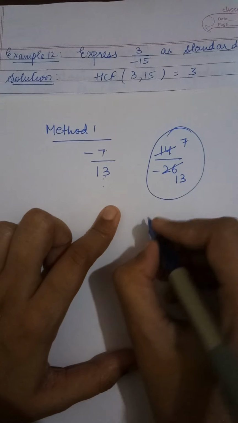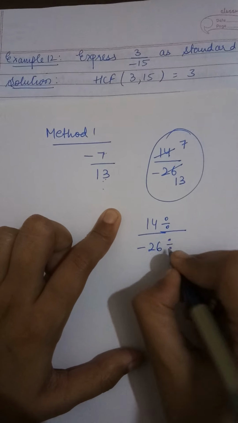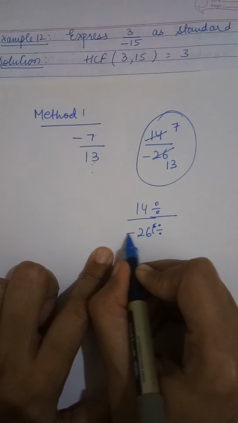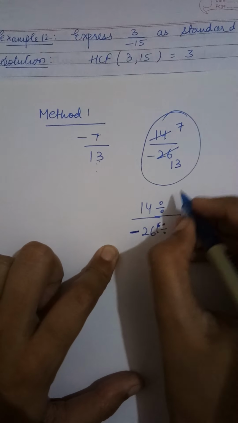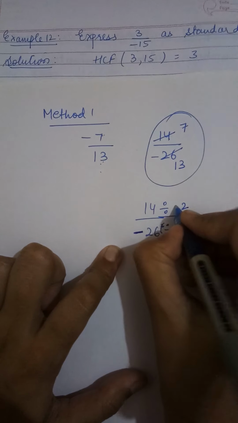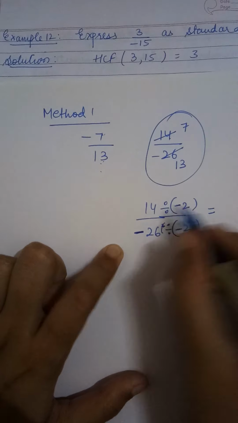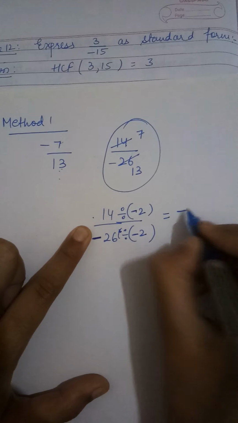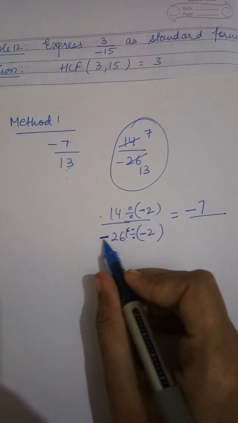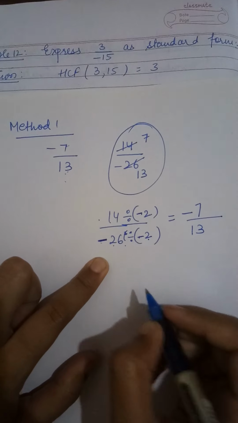Or what else I can do here is 14 upon minus 26, I can divide with their HCF. Now since I know that in the denominator minus sign is there, HCF is 2 and in the denominator minus sign is there, so what I am going to do, minus I am going to take. Okay, so now what will come? Plus minus minus. 14 when divided by 2 gives 7, divided by minus, minus plus, and when 26 is divided by 2, it will give me 13, right?